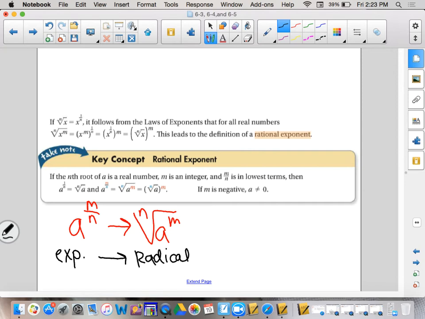Then we're going to learn how to take the radical form and put it into an exponential form. So you need to know this right here. It will make your life much easier if you do. A raised to the m/n becomes the nth root of a raised to the m. You need to know where that n and that m go when you put it into radical form.